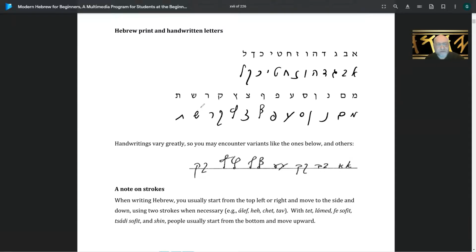Okay, so this is Sheen. So Sheen, it looks like an E almost. Sheen, sheen, sheen, looks like an E, sheen, sheen.